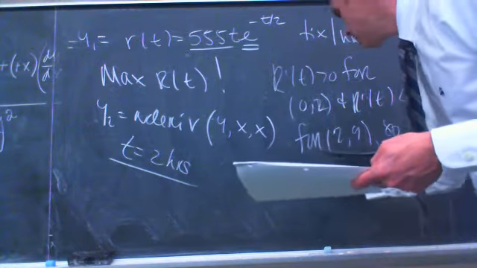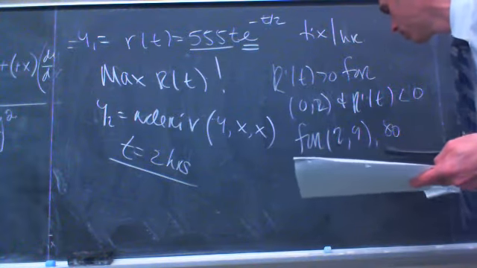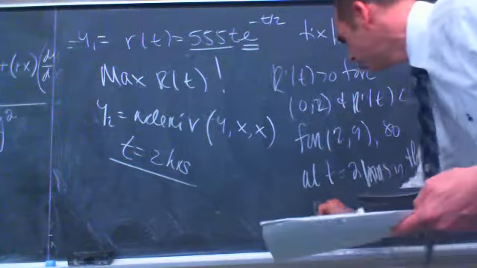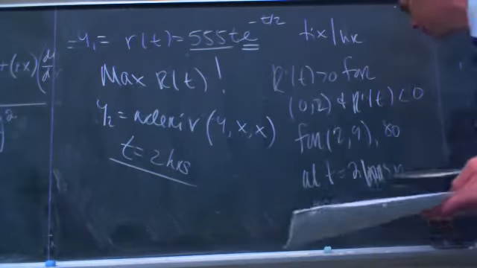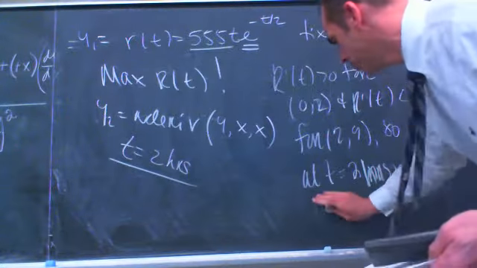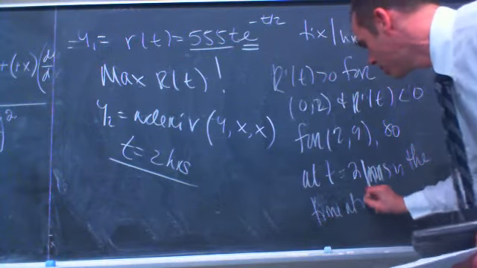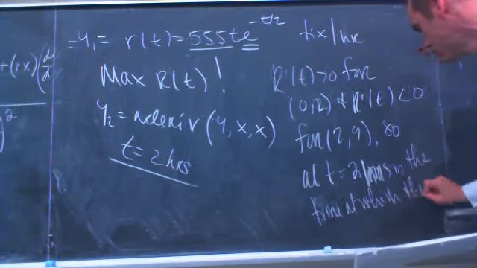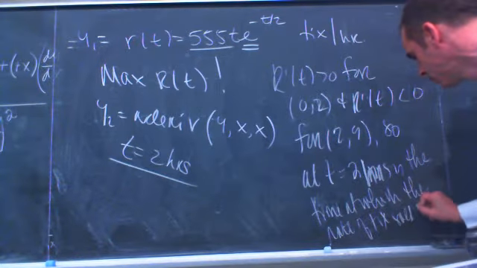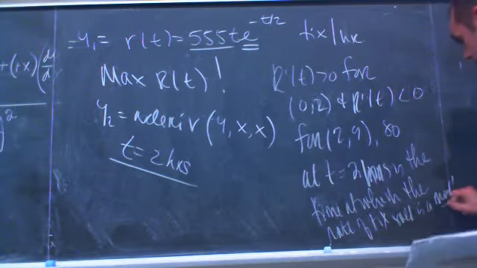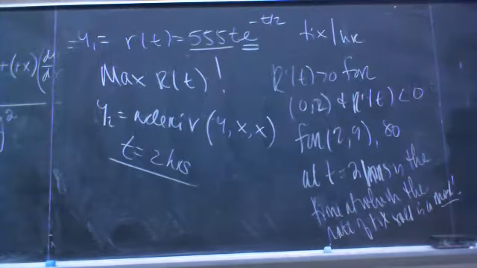So at t equals 2 hours is the maximum, is the time at which the rate of tickets sold is a maximum. It's just the time at which the rate the tickets are being sold is a maximum. Okay? You understand there that we're maximizing that?